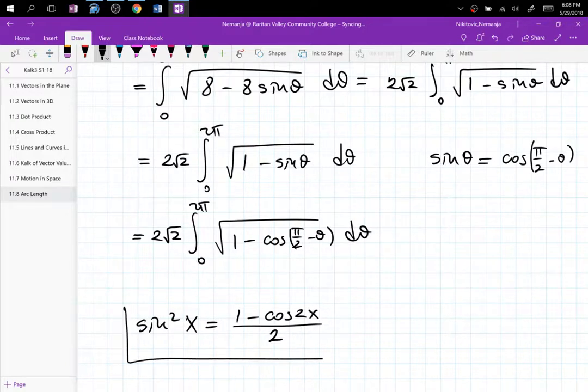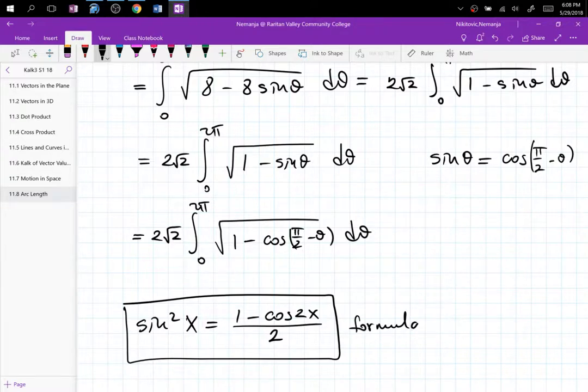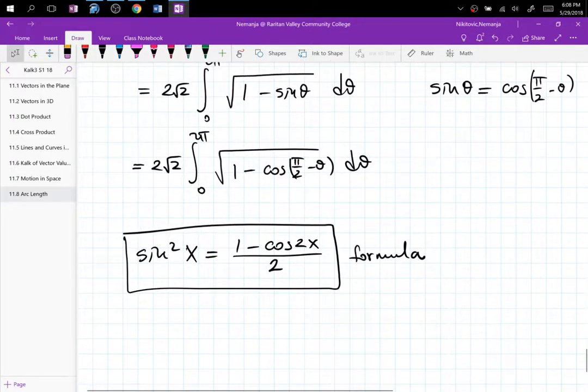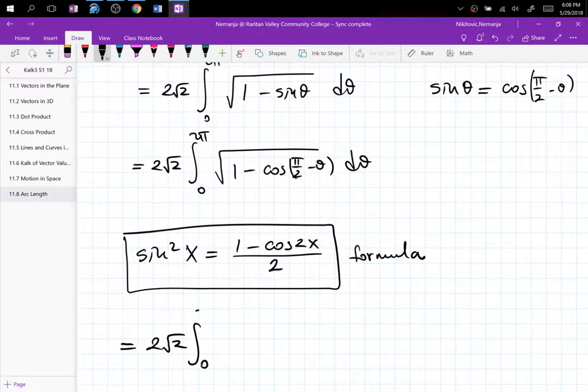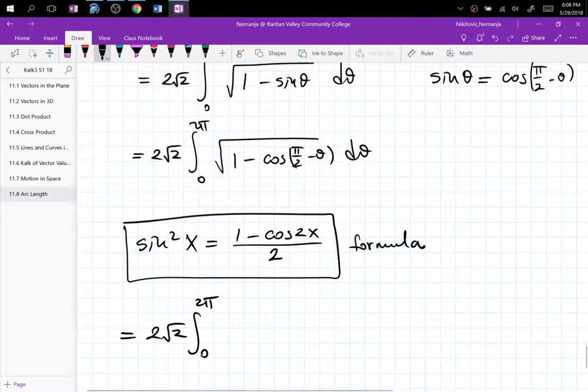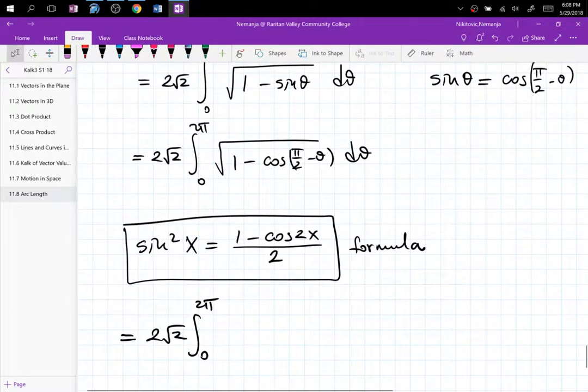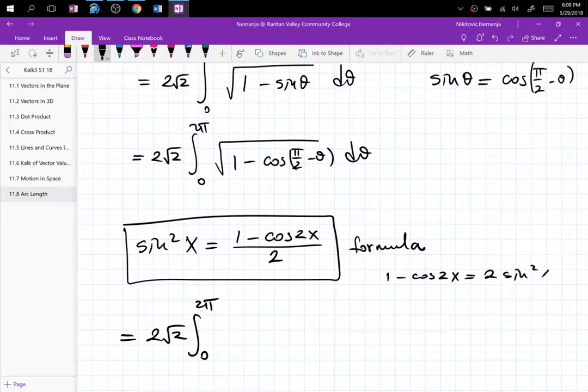That's a formula. So now, as you can see, I can solve this for 1 minus cosine 2x and get 2 sine squared x.